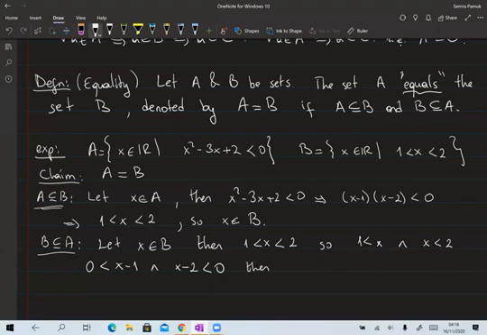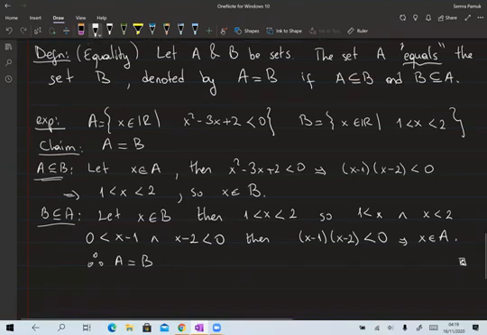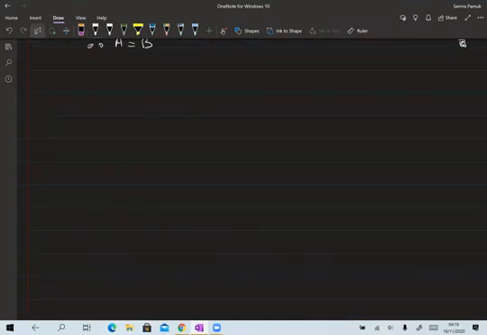Then if we multiply x minus 1 times x minus 2, one of them is positive, the other one is negative, so this is negative, which implies x is an element in A, right? Therefore, A is equal to B. If you show both sides, A is inside B and B is inside A, then you are done. This is how we are going to show that A is equal to B. Okay, what else? We have time.